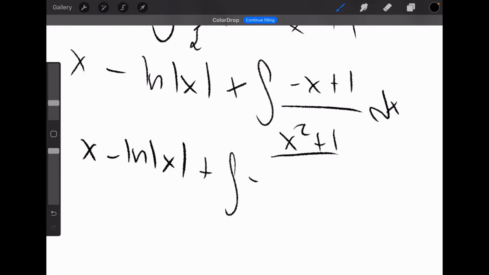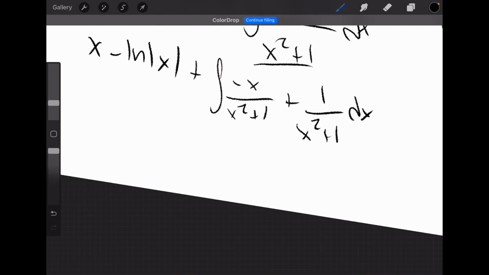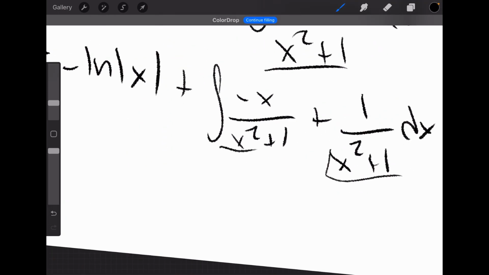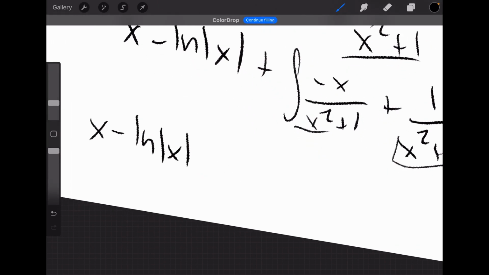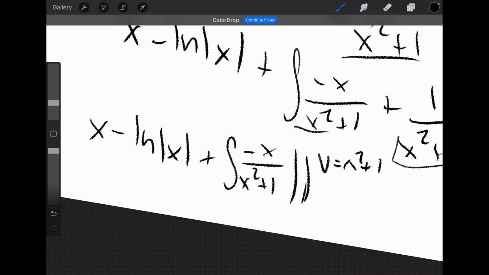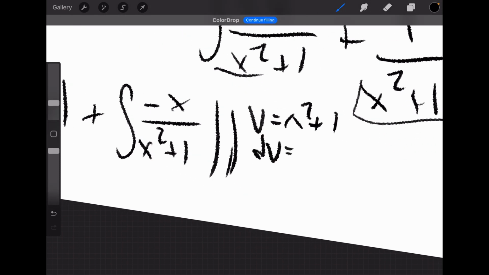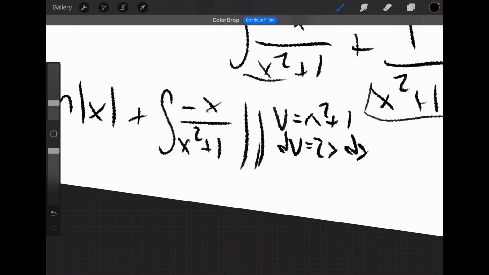So now we're going to do x minus natural log of x plus the integral of negative x all over x squared plus 1 plus 1 over x squared plus 1 dx. And this is great because we know this is arctan, and then we can do u sub for the other part. So u is equal to x squared plus 1, du is equal to 2x dx.